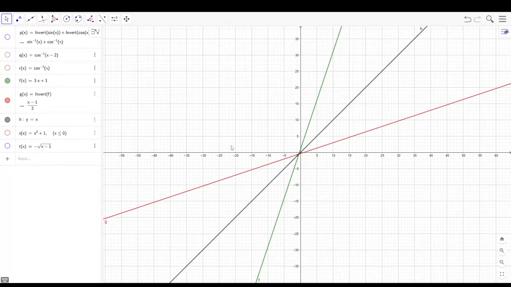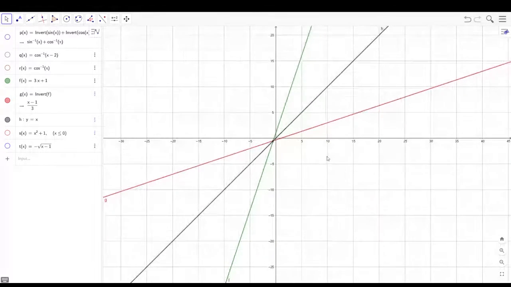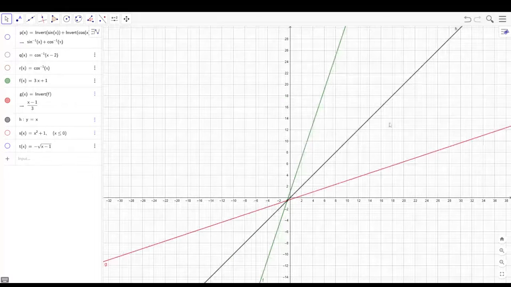You can see there's some nice symmetry: the black line is like a line of symmetry for the green line and the red line. That's usually what happens with inverses and their functions. You just reflect them in the line y equals x.